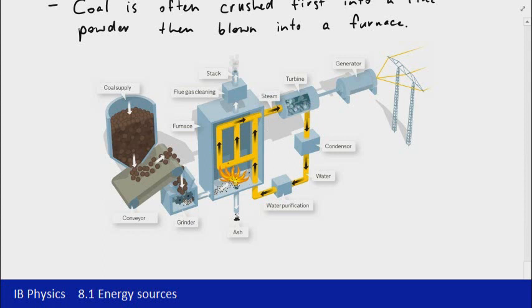So you can see the combustion occurs here, thermal energy transfer to the water, and then the water then flows through the turbine, comes back through the condenser, and continues to go through that cycle. And just a refresher again, the turbine itself is turned by the steam, which turns a generator, and then electricity will flow out to the consumer through the power grid. So there's a quick example of a coal-fired power station.